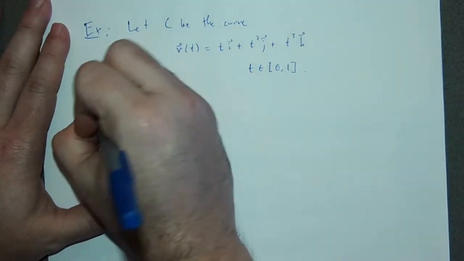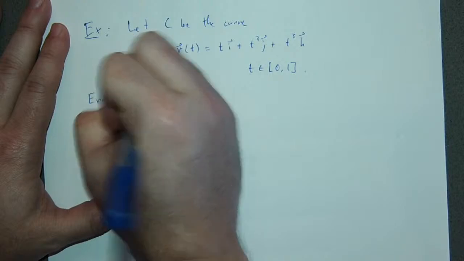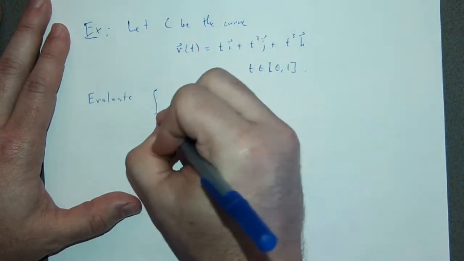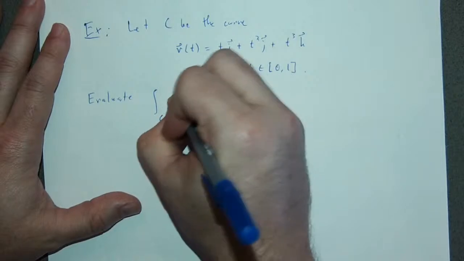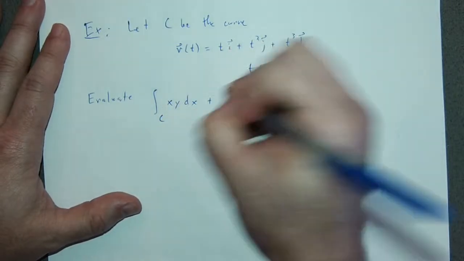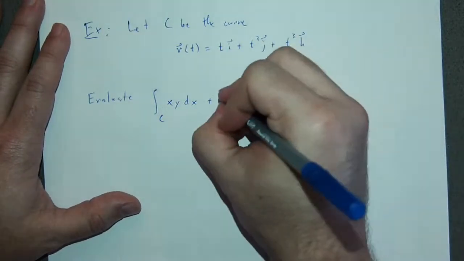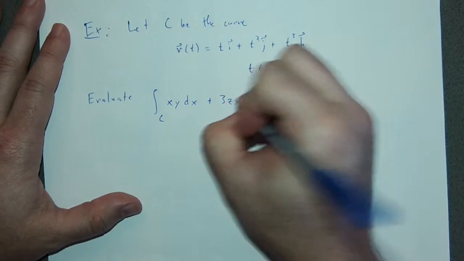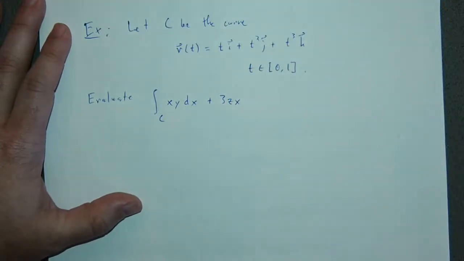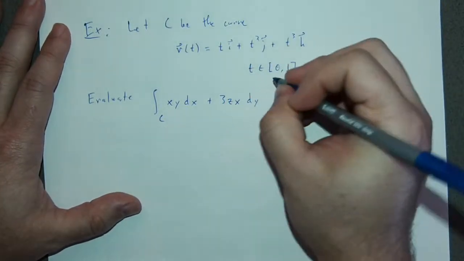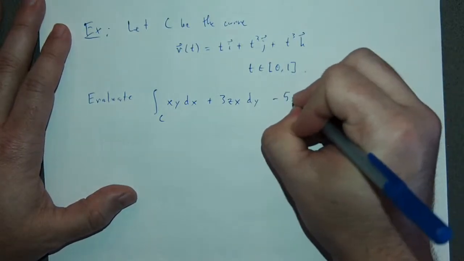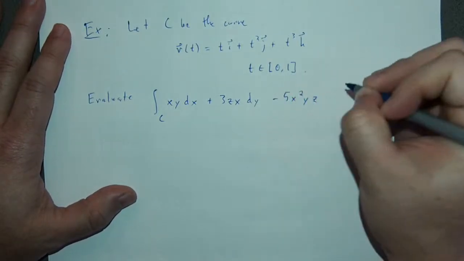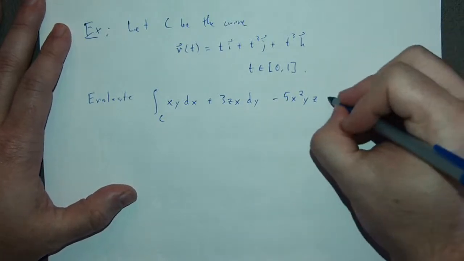Then evaluate the line integral over C of xy dx plus 3zx dy minus 5x squared yz dz.